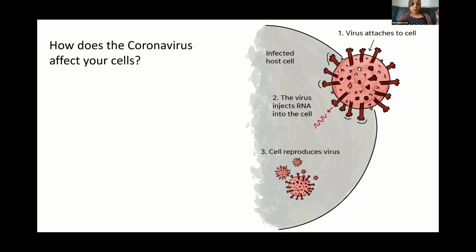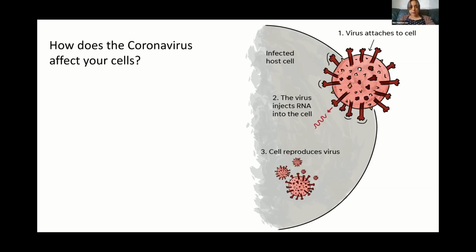On the chat, if anyone knows where in our cells our DNA is stored, if you'd like to just write on the chat, that can be the first question of today, and I will reveal it shortly anyway. But basically, that's what happens.